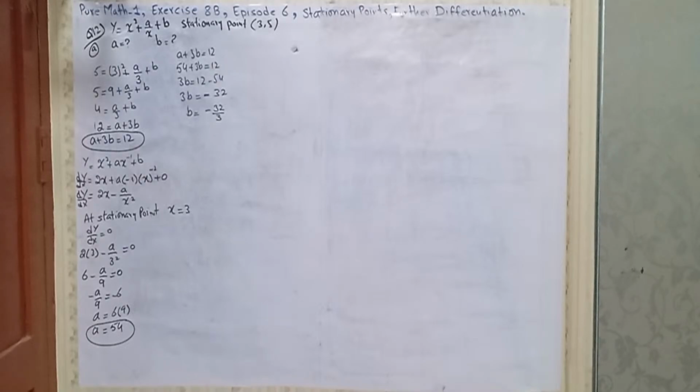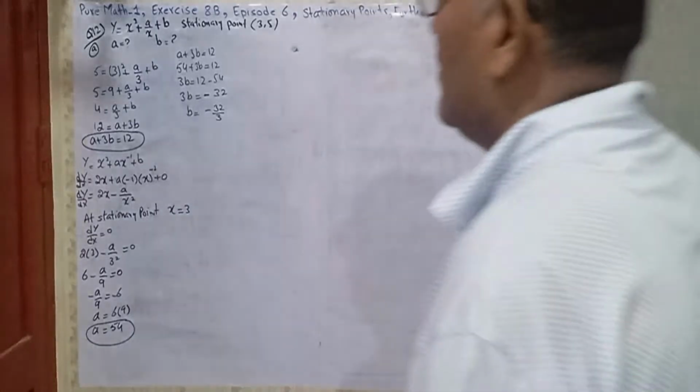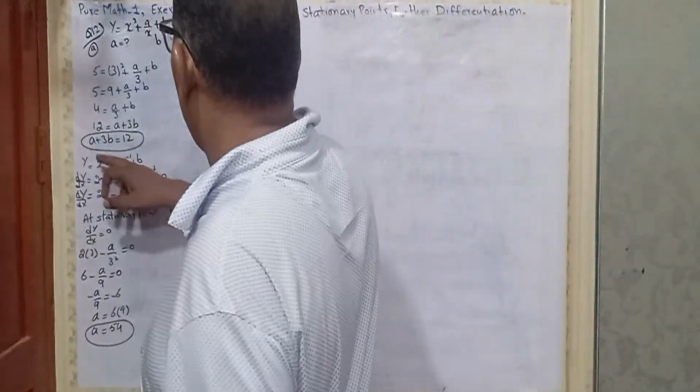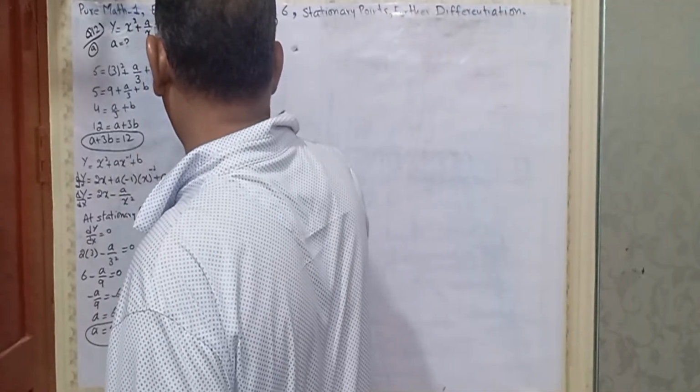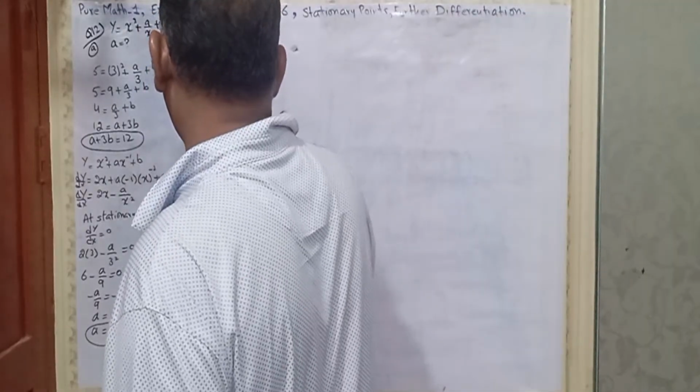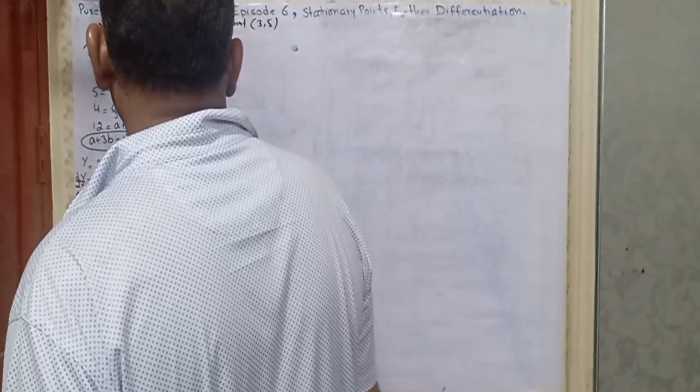The book says minus 22, so I made some mistake. The value of a is 54, that is correct, and the value of b should be minus 22. Something went wrong. a plus 3b equals 12, a is 54, so 54 minus 32.